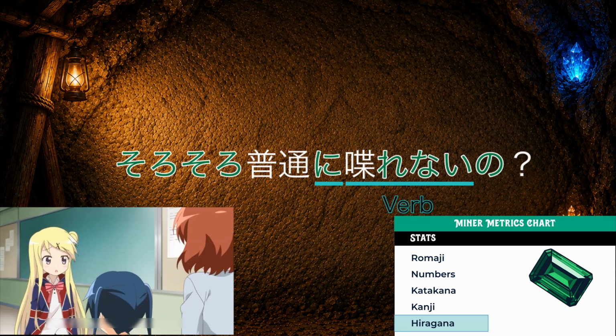Adjectives? Ni could be indicative of an adverb, something like quickly, slowly, etc. But we don't know those kanji. We'll come back to sorosoro later. How about particles? Ni is a particle with multiple uses, but it's not super apparent if it's being used as a particle here, so we'll ignore it.